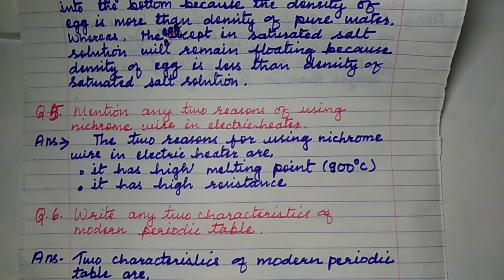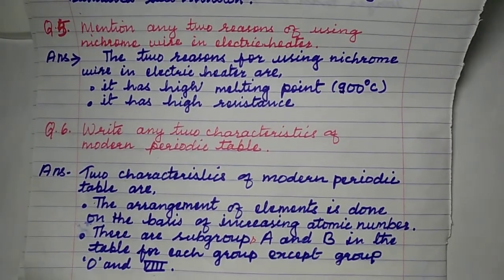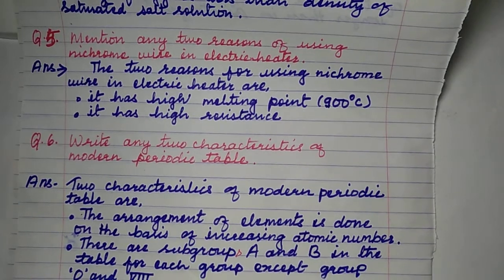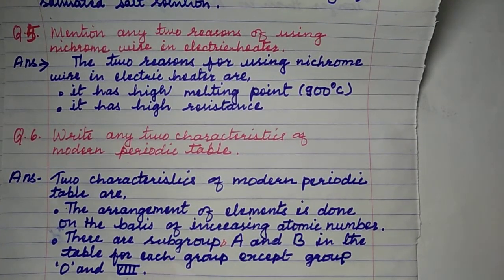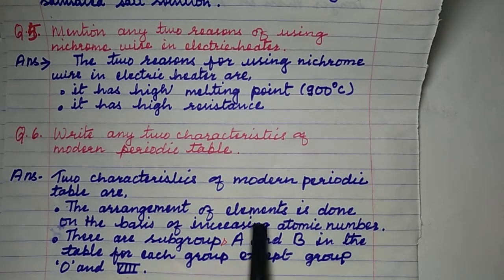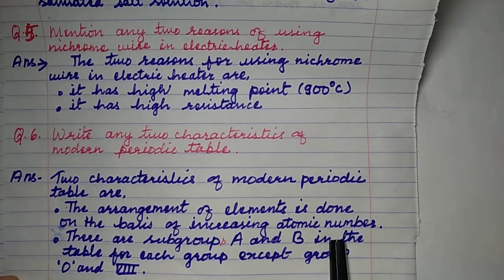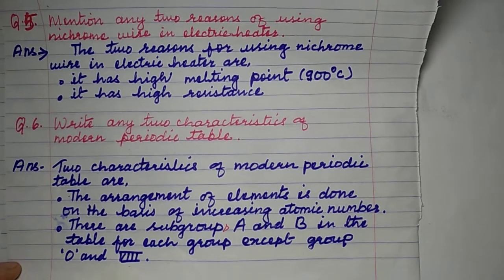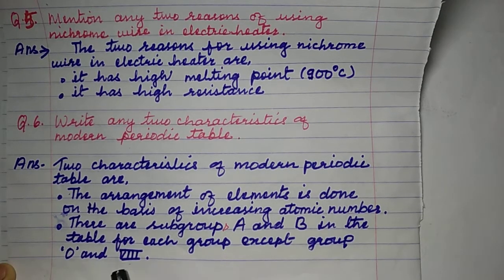Write any two characteristics of the modern periodic table. The modern periodic table is made on the basis of increasing atomic number. The arrangement of elements is done on the basis of increasing atomic number. And number 2, there are subgroups A and B in the table for each group except group 0 and group 8.